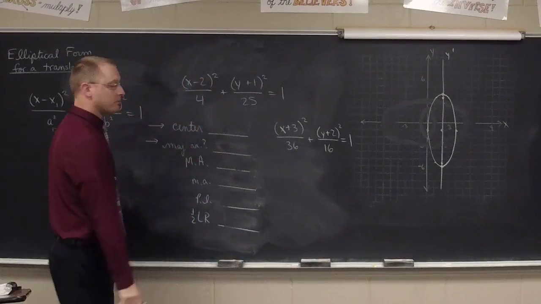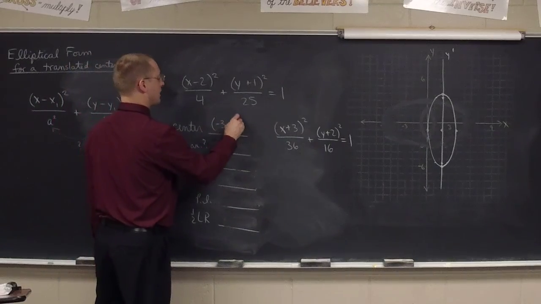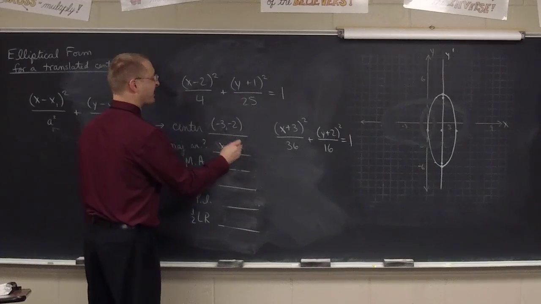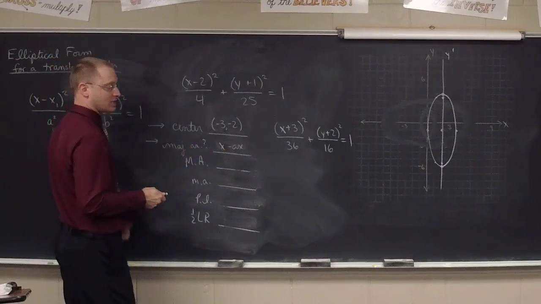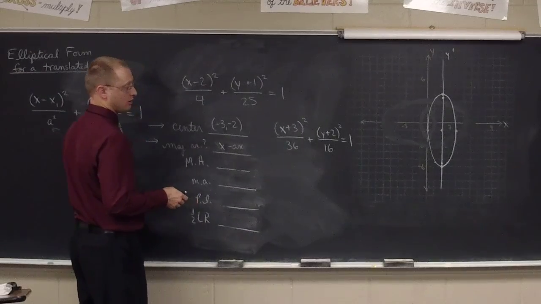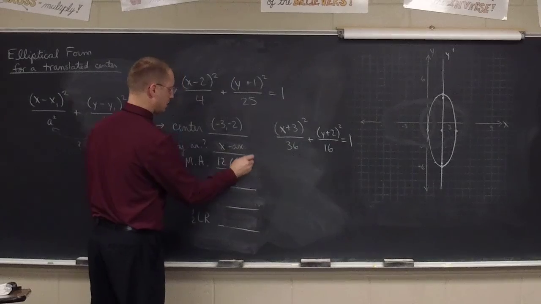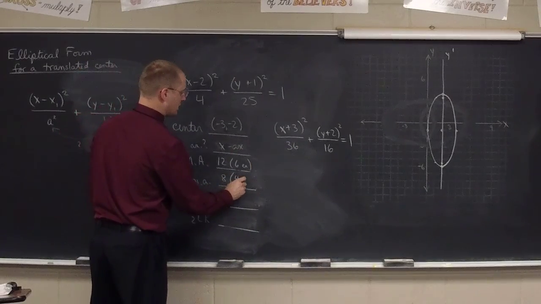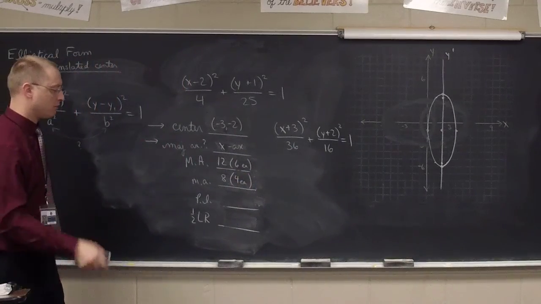What's the center now? Negative 3, negative 2. Down into that third quadrant. The major axis is? X-axis. Now again, it's going to be an x prime axis, right? But yeah, we'll say the x-axis. Major axis length? 12, 6 in each direction. Minor axis, 8, 4 each side. Focal length, subtract, take the square root.